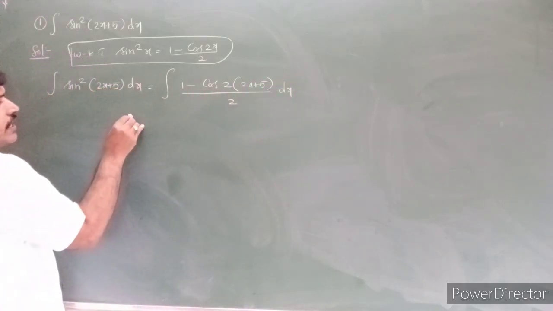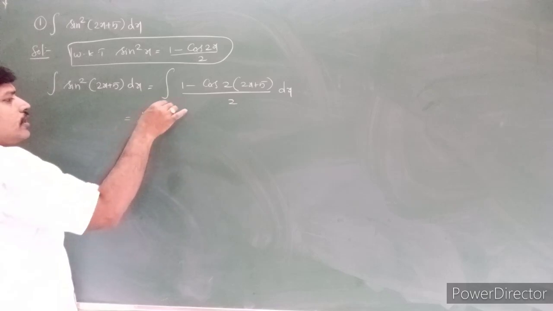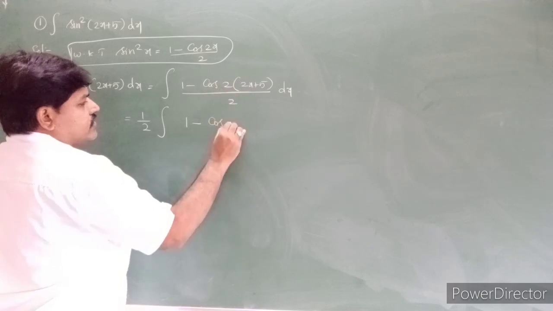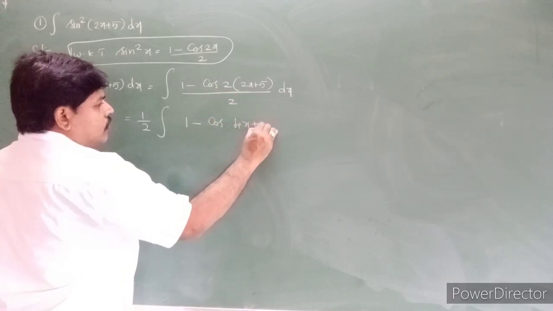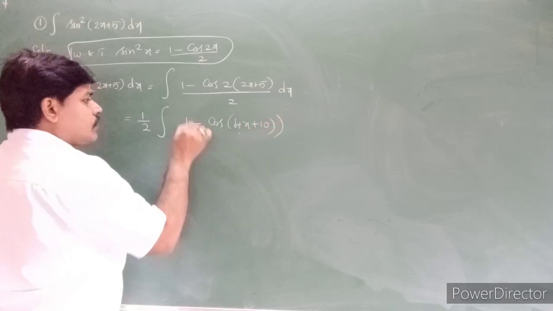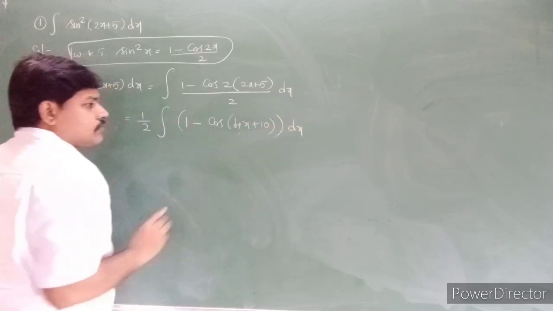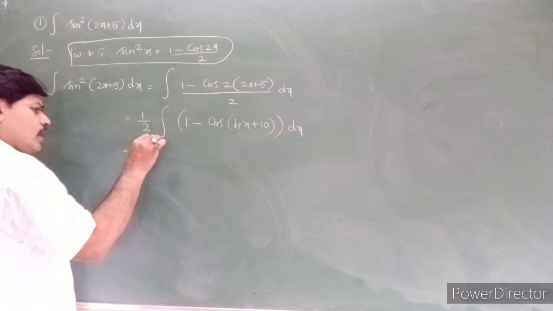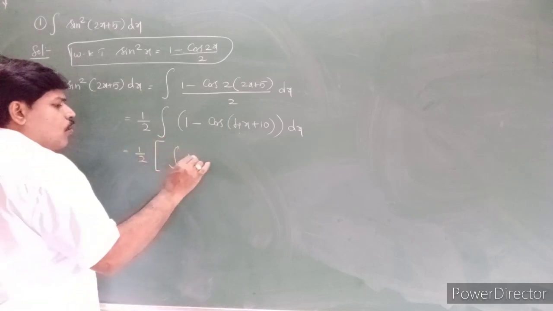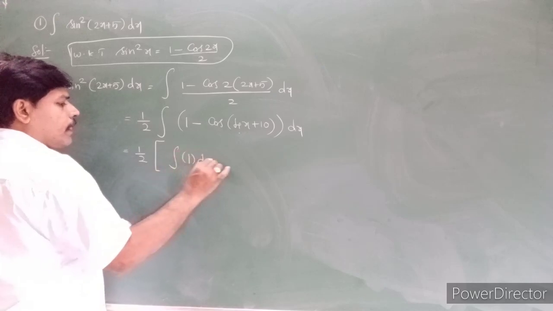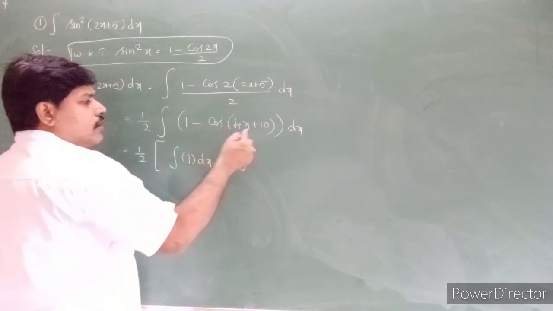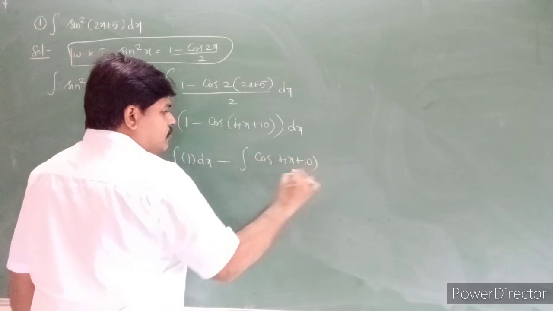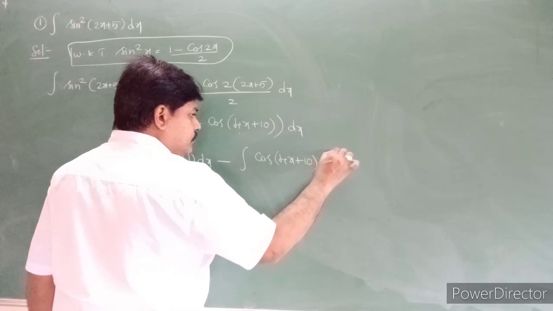So take this 2 outside, what will it become? 1 by 2 into integral of 1 minus cos, take this 2 inside, 4x plus 10 into dx. And apply the integration here. 1 by 2 into integral of 1 into dx minus integral of cos of 4x plus 10 into dx.